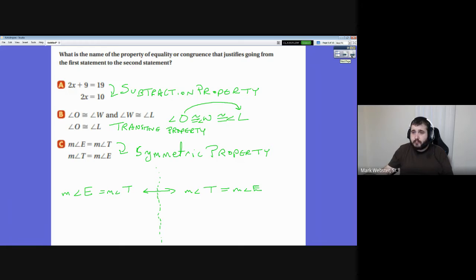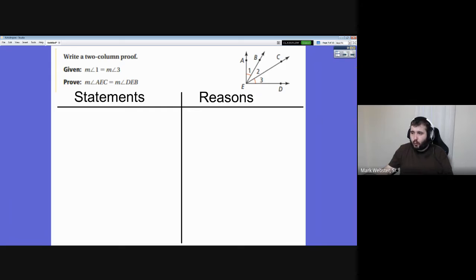Okay. I believe these are the last couple. And again, what we're going to do is go through and show why things are what they are. So first things first, we need to write down our given statement. The measure of angle 1 equals the measure of angle 3.